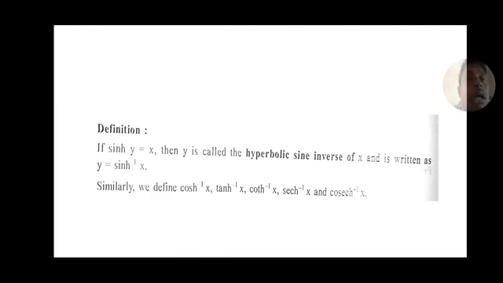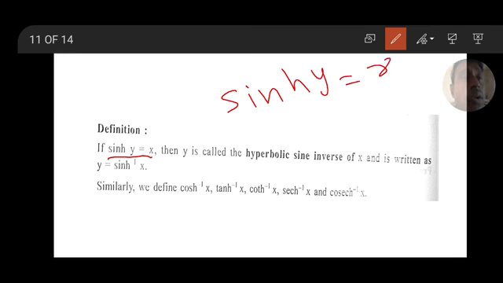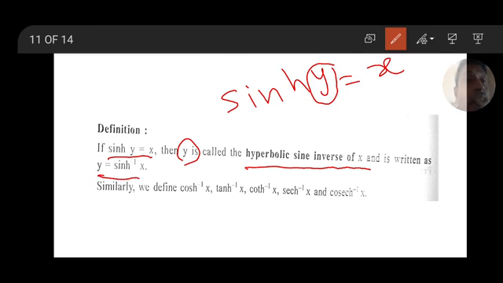Next, inverse hyperbolic functions. Suppose sinh of y equals x, then y is called hyperbolic sine inverse of x, and is written as y equals sinh inverse x.